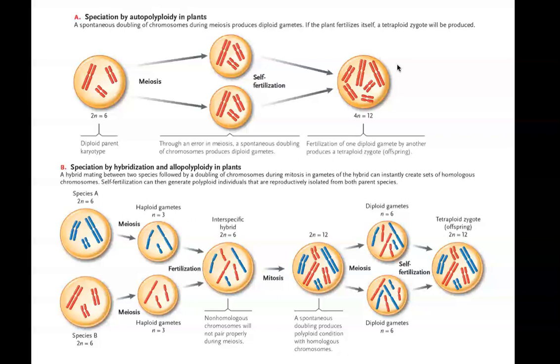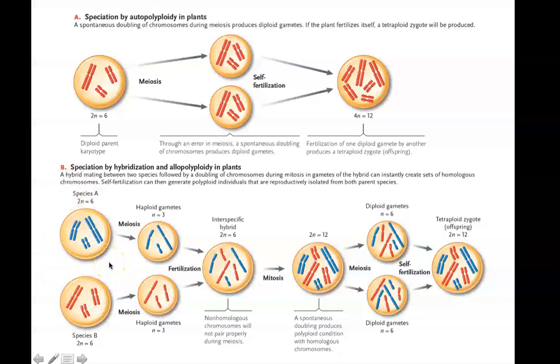Pretty rapid. Another example is allopolyploidy. Allopolyploidy, which other than being a difficult word to pronounce, is when two closely related species hybridize and then form polyploid organisms. Let's work through the example down here. We've got species A and species B. You can see they both have a diploid number of 6, but they're distinct species for other reasons, all right?